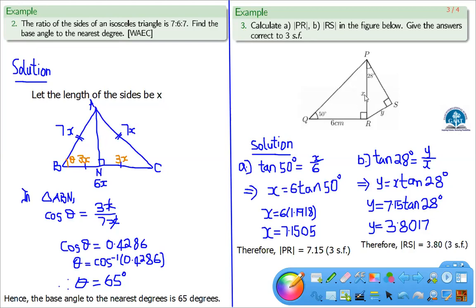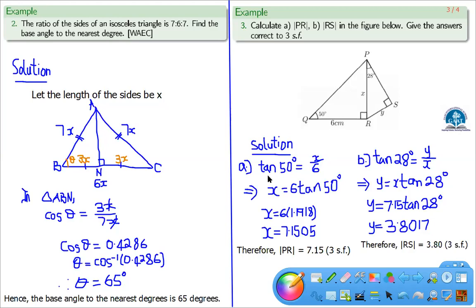Since opposite and adjacent are the two things involved in this case, we shall deploy tan theta. Remember that tan theta is equal to opposite over adjacent. So we have tan 50 degrees, where theta is 50. Tan 50 degrees is equal to opposite x over 6 centimeters.